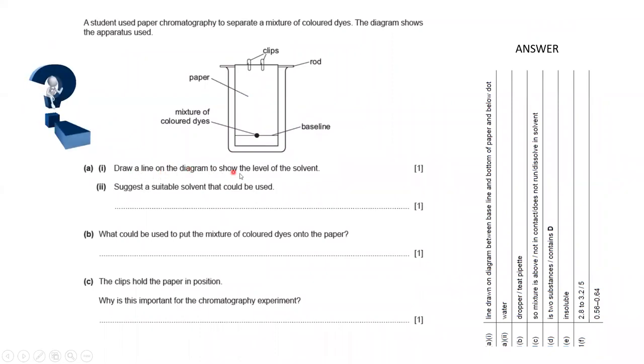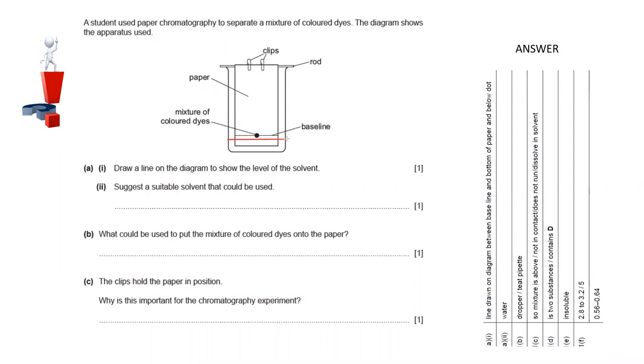Draw a line on the diagram to show the level of the solvent. So we have to draw a line to show the initial level of the solvent. Initially, the solvent level should be below the origin.